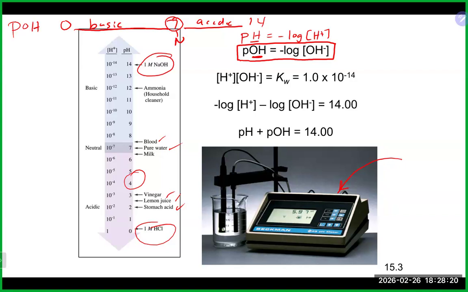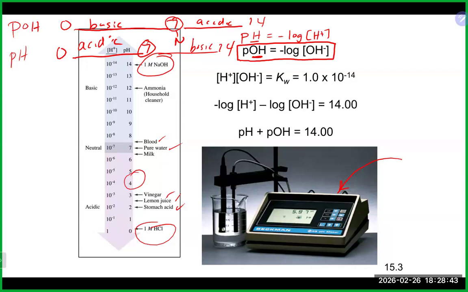Now, a reminder, as we just saw, our pH scale is opposite: 0, 7, and 14. Less than 7 is acidic, and greater than 7 is basic. They are opposites of each other. So if you have a low pH, you will have a high pOH, and vice versa.